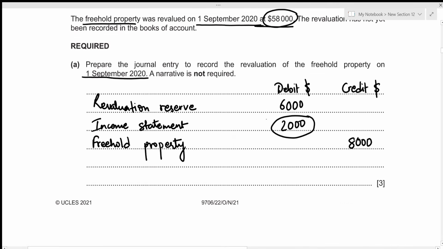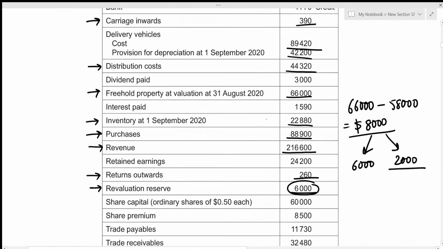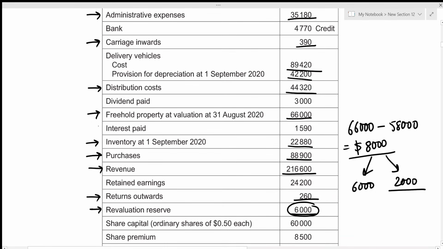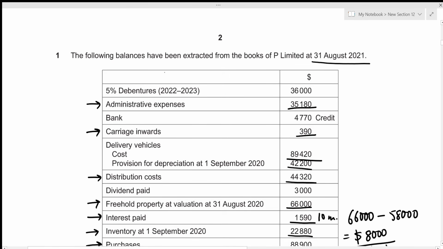First, let's have a look at the debenture interest paid. So interest paid is given right here. And this had the amount of 1,590. So these were the interest paid for 10 months. And for the remaining 2 months, we are given the information on debentures here. So the debenture was of 36,000 and the interest to be charged on debenture was 5%.